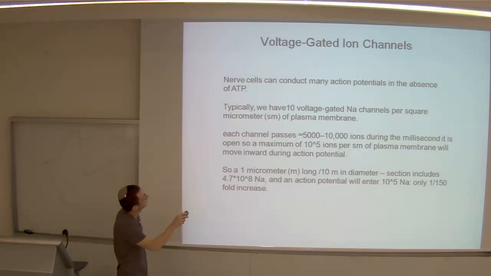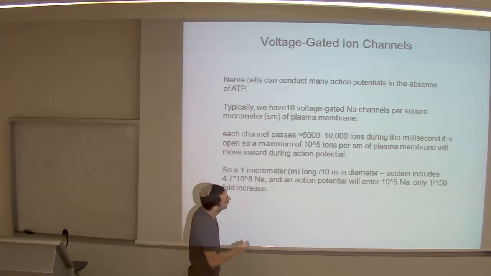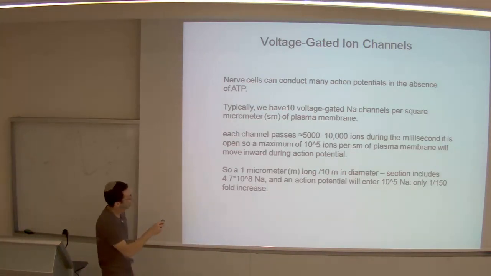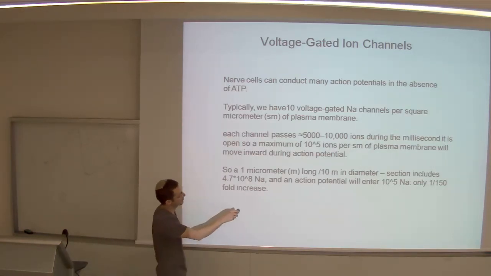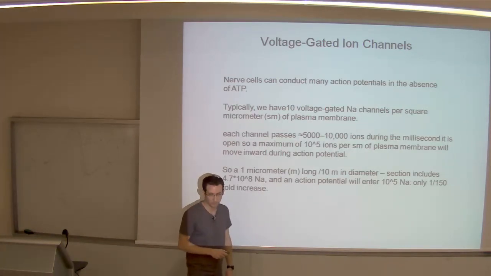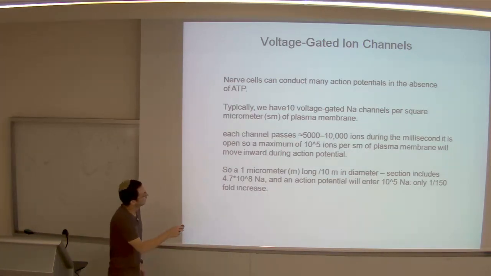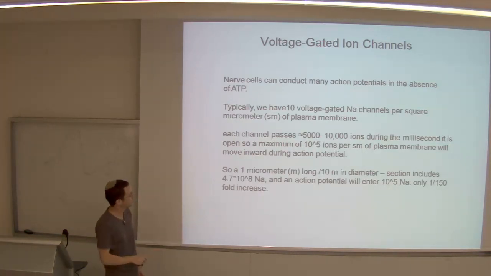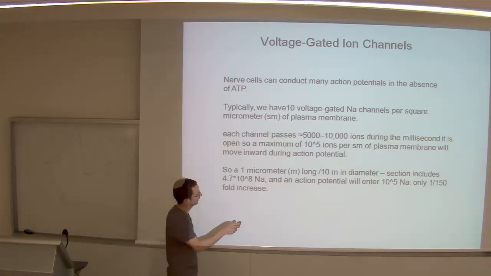Typically we have around 10 voltage-gated sodium channels per square micrometer of plasma membrane. If we make a very reasonable assumption that each channel passes about 5,000 ions during the milliseconds it is open, we get a maximum of 10 to the power of 5 ions per square micrometer of plasma membrane during a single action potential.